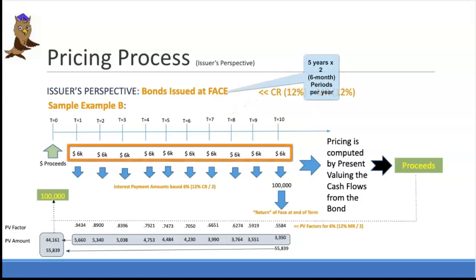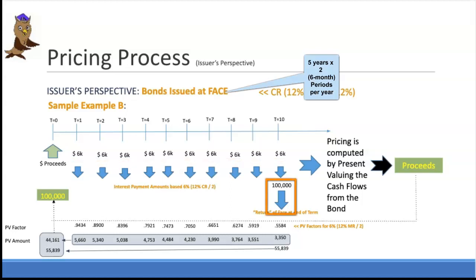There are 10 interest payments, or cash flows, from t equals 1 through t equals 10, with an additional cash flow representing the return of the loan or face amount of $100,000 at t equals 10. We now need to find the correct PV factor to present value each cash flow back to t equals 0.